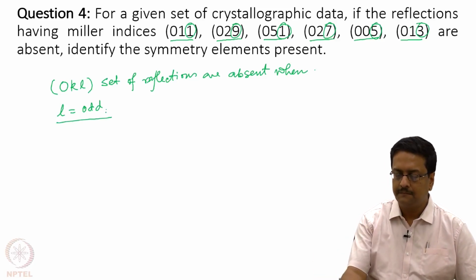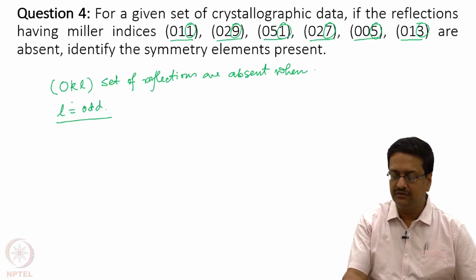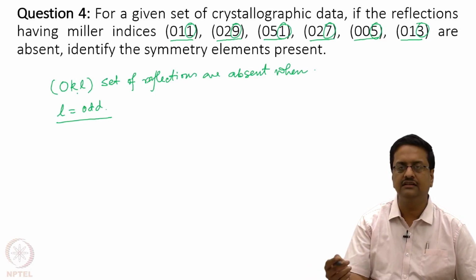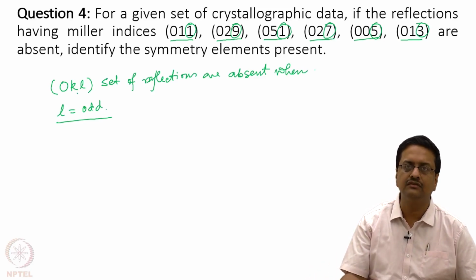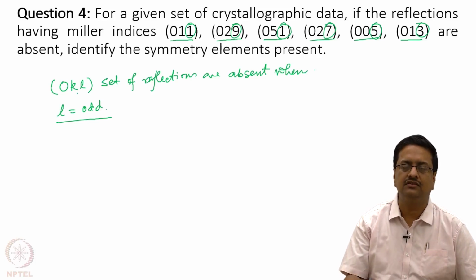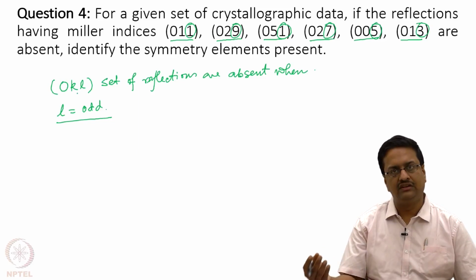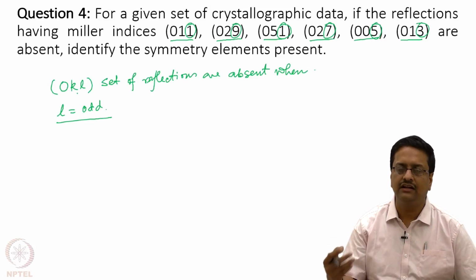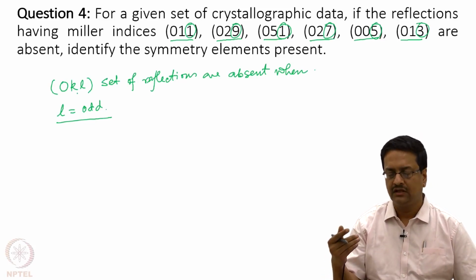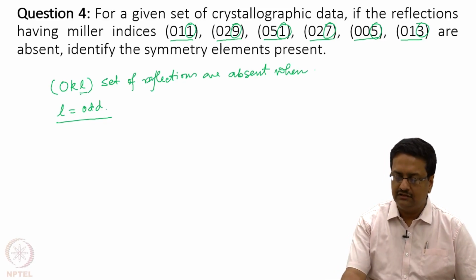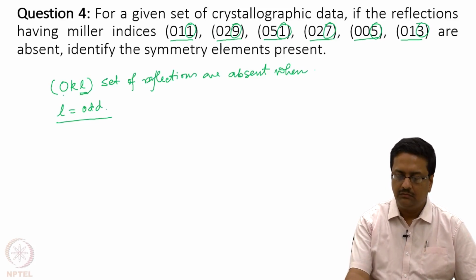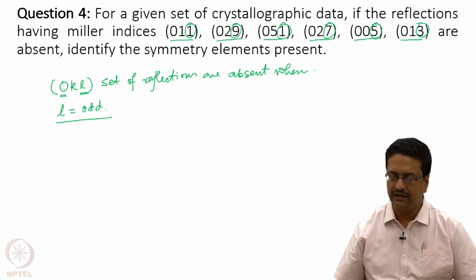This means that it is a glide plane, because in case of a screw axis, two indices are 0, whether it is h00 or 0k0 or 00l representing a 2-1 screw, but here it is 0kl, that means it is a kind of mirror, which is a glide, and the absent condition says that l is odd, which means it is a c glide perpendicular to x.